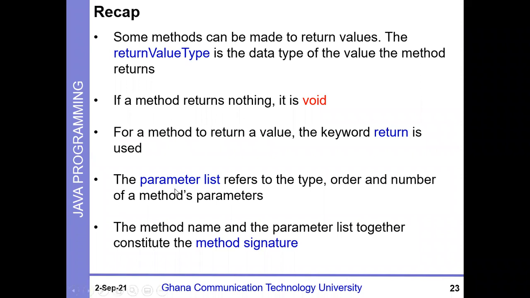And then the parameter list. That refers to the type and order of the parameters. The type can be integer, double, character, float, whatever. And then the order in which they are. The way they are ordered is exactly how you would treat them when you are calling the method: the arguments you provide must match exactly with the arguments defined in the method.